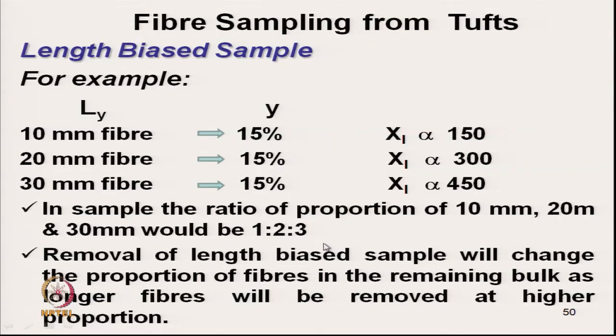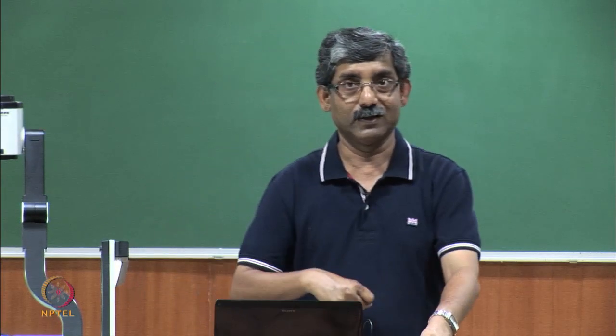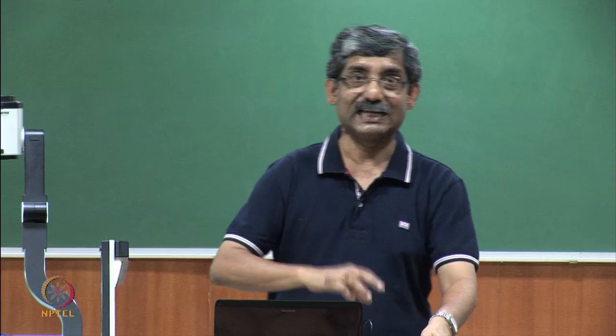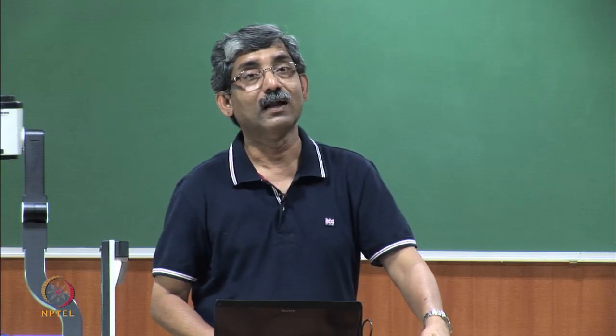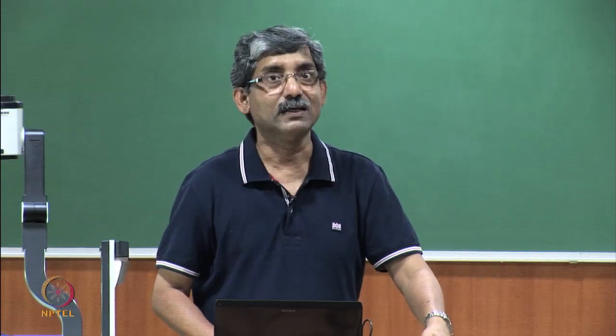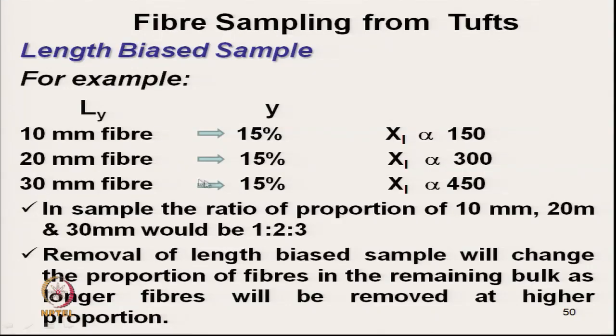That means in the bulk these fibers' proportions were 1:1:1, equal, but when we take the sample, their proportion changes depending on the length of the fiber. In the sample, the longer fiber has a higher chance of getting selected. That is why the proportion has increased to 3.